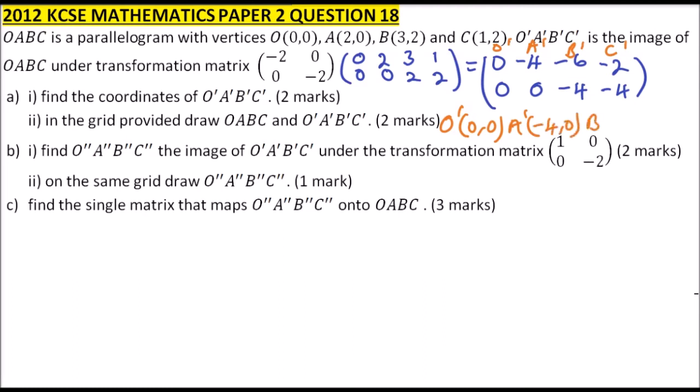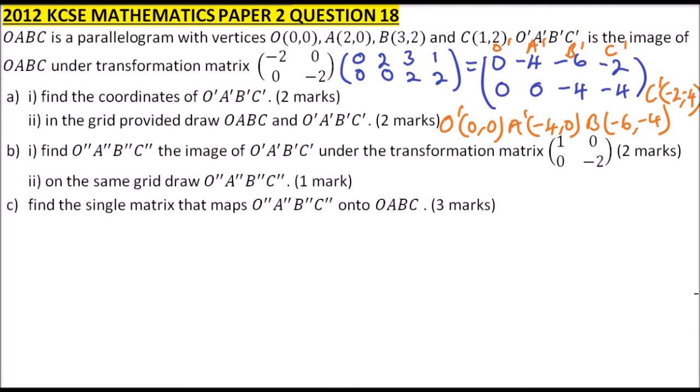B prime will have (-6, -4), and finally we have our C prime, which will be (-2, -4). So that is how you get the coordinates of that. I'm using that place because of space, because we still have a lot to work on.